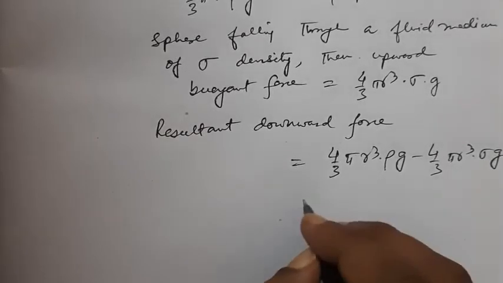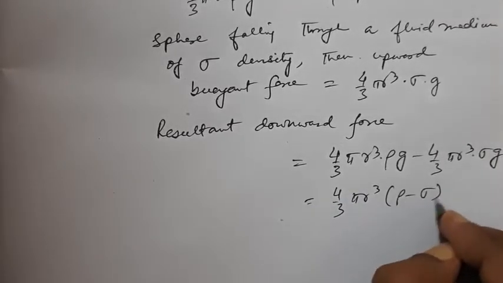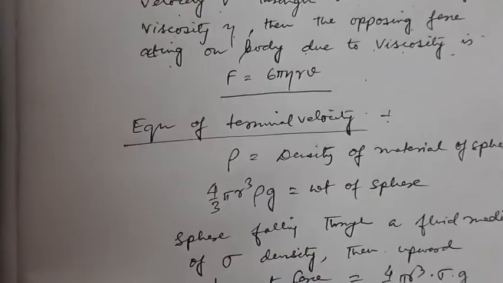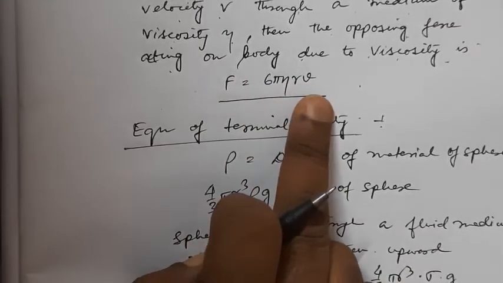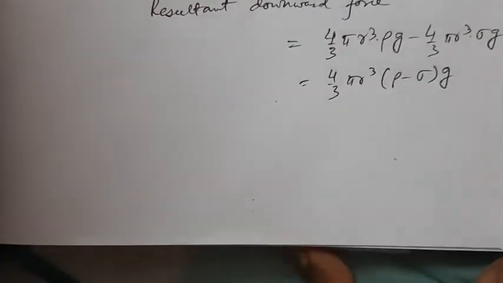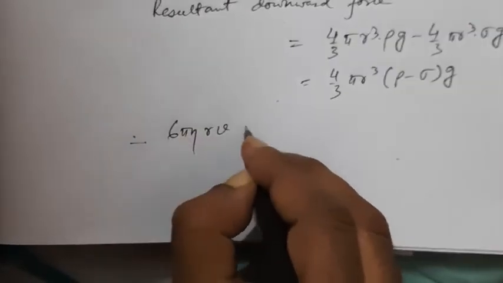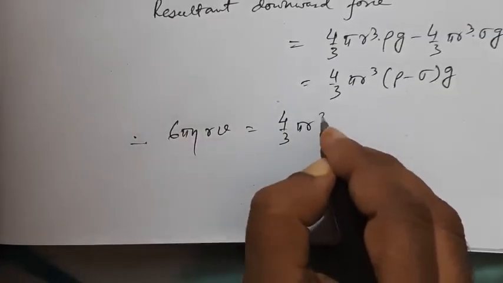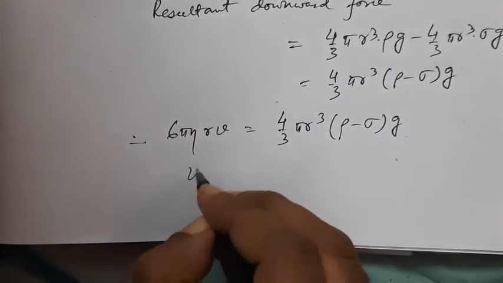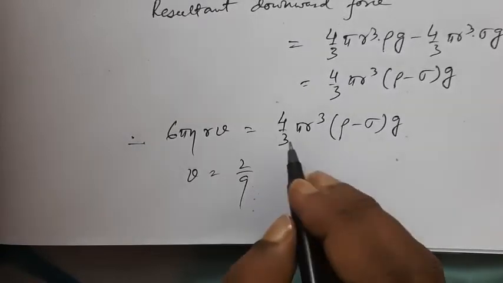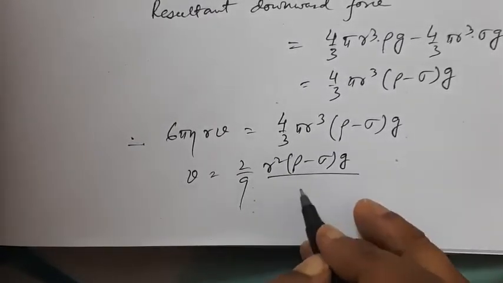Now this force, 4/3 pi r cube (rho minus sigma) g, must be equal to the Stokes law formula, 6 pi eta r v. So we can write 6 pi eta r v is equal to 4/3 pi r cube (rho minus sigma) g. V is equal to 2/9 r square (rho minus sigma) g by eta.